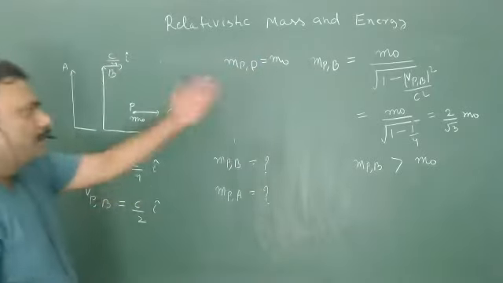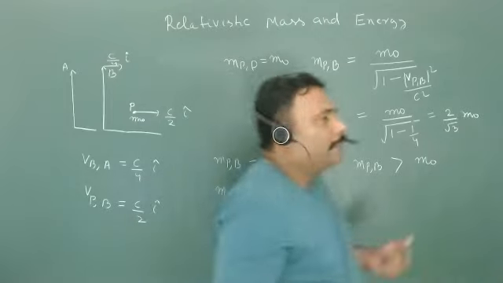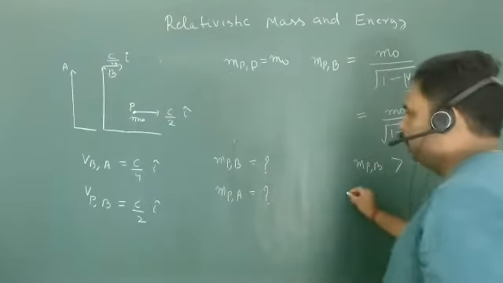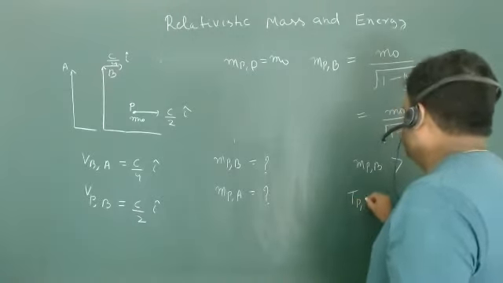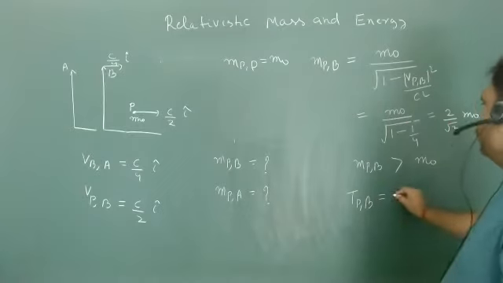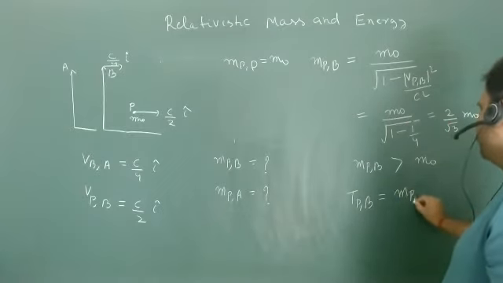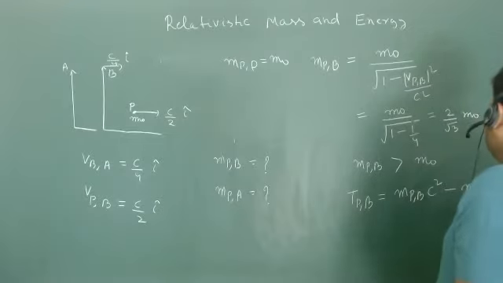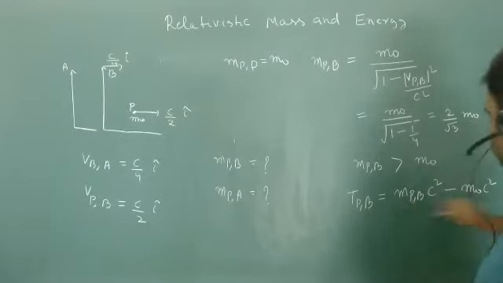Now, this is very simple. By the way, what is the kinetic energy then? If I want to calculate the kinetic energy of a particle with respect to B, then obviously we have to calculate the mass of the particle with respect to B times c square minus m naught c square. Okay, this is your kinetic energy.